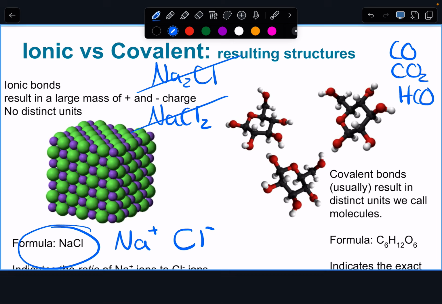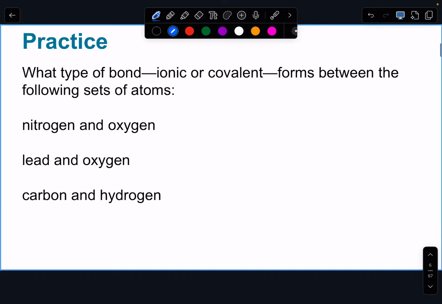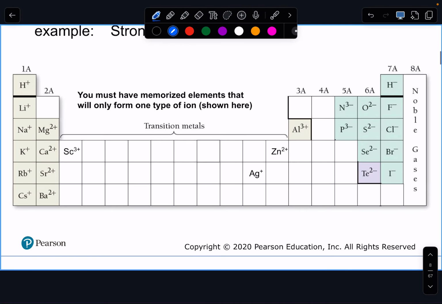This is because they're charged, they will only pair up in a way that creates a neutral compound. So if I have a positive 1 charge and a negative 1 charge, we just want one of each to pair up together. Let me give you a different example. If I had calcium instead, so if you remember, I'm going to have to scroll down. Calcium is in the second column here.